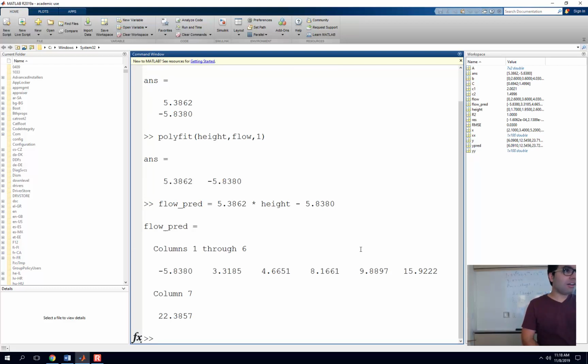You can do it another way. The other way is called polyval. Polyfit will fit your line or whatever polynomial it is to the data. Polyval will evaluate your polynomial at the data point. For polyval, you got to first give the coefficients, comma, height.